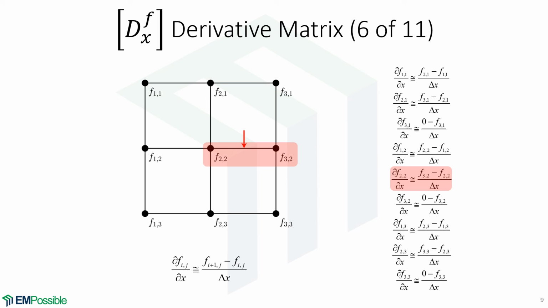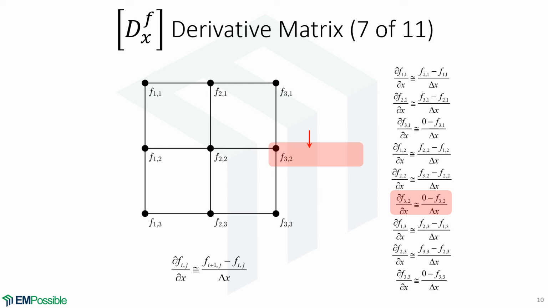Next point. No boundary condition problems here. So the finite difference approximation is f32 minus f22 divided by the spacing between them, that's delta x. f32 minus f22 divided by delta x. Let's move on to the next point.